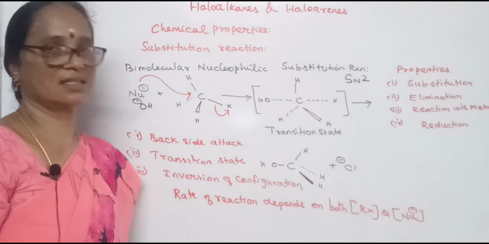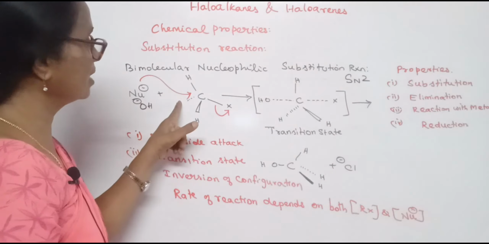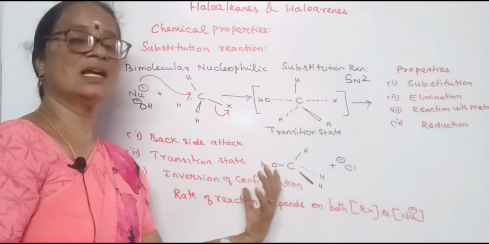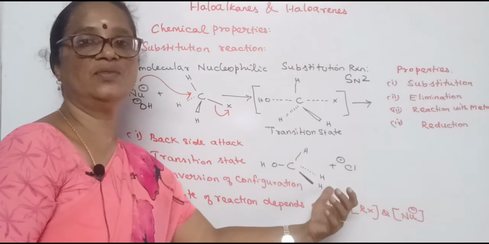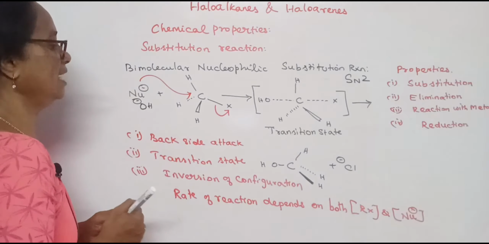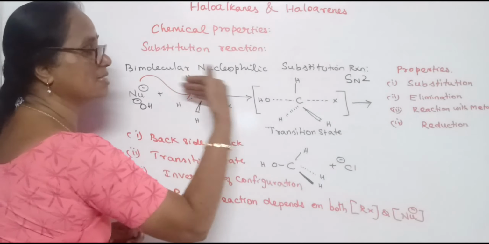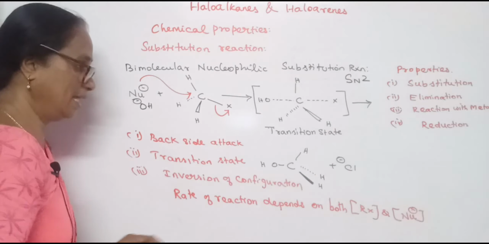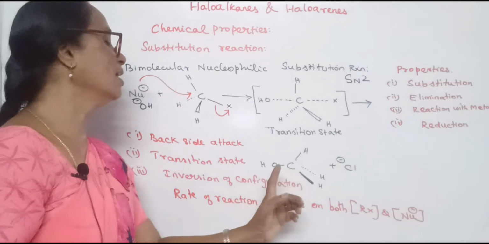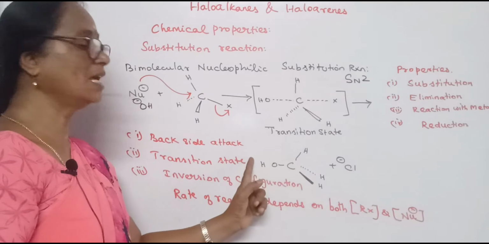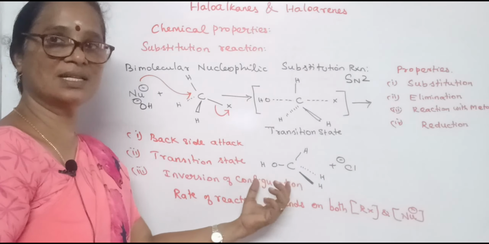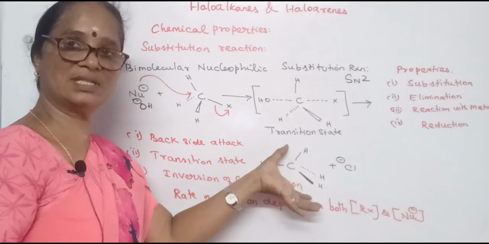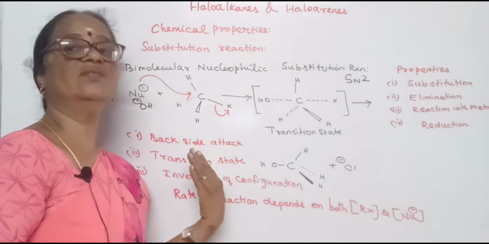In this case, due to backside attack, the molecule totally changes its spatial arrangement with respect to the plane. See, the halogen is attached to the right side of the carbon in the molecule, but in the product, we find the OH is just behind the carbon. That makes the total spatial arrangement of the resulting compound inverted.